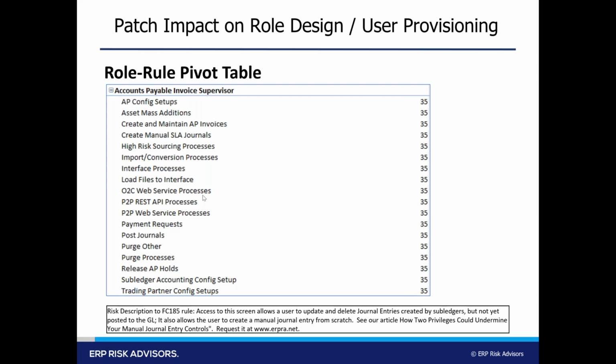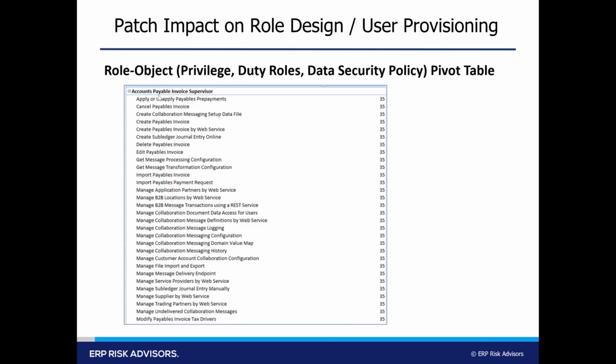So we would look at what we call a role pivot table, or we may look at the role object specifically. These are the objects contained in the AP Invoice Supervisor. We're going to revisit whether there are any new objects that shouldn't be in there that would cause a security risk, compliance risk, cyber risk, data security risk, or operational risk. Think about all those objectives.